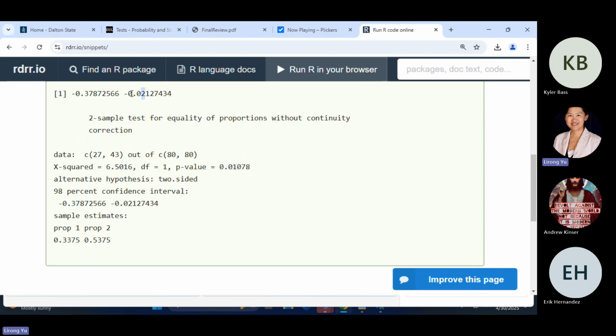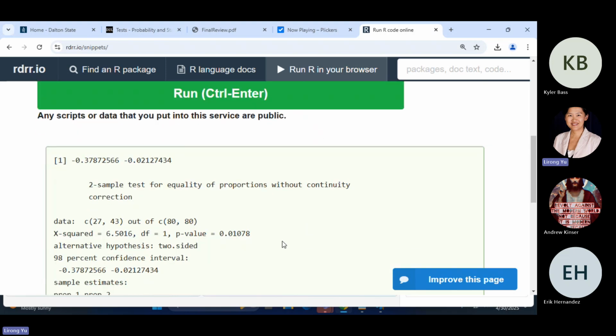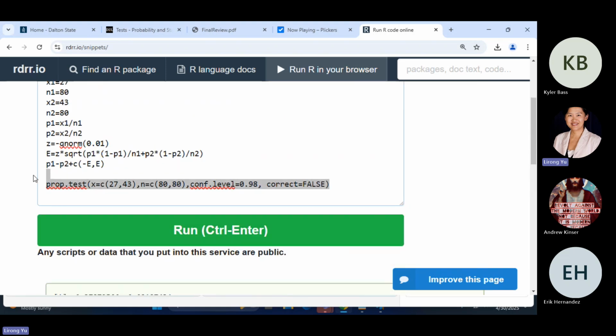That's the same confidence interval, right? As the manual calculation provided identical results to the test. So this is definitely a quicker way to get everything calculated, but I want to show you both ways, if you are short on time, and make sure you have everything set up right.